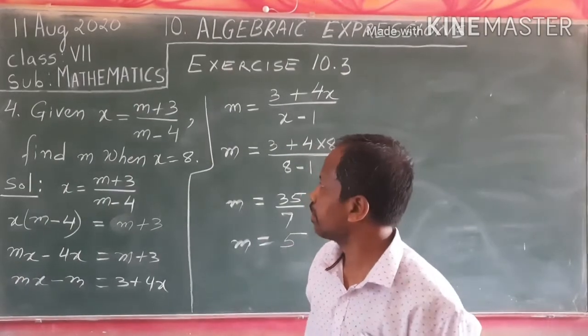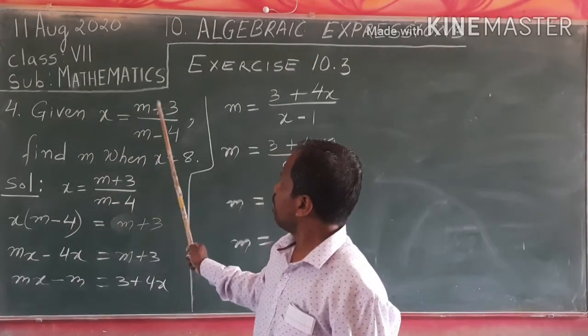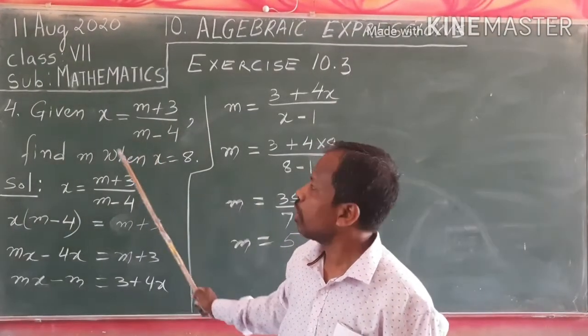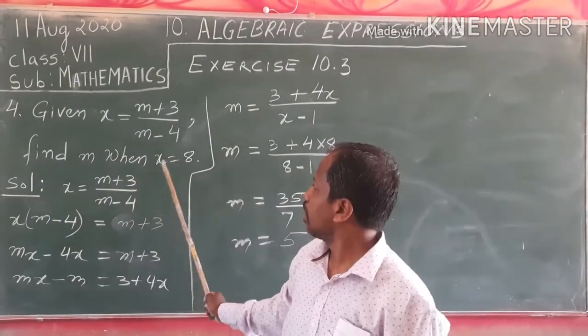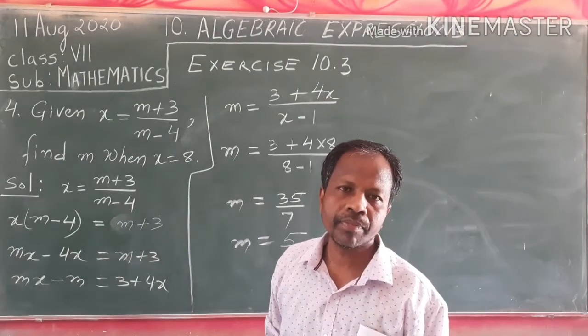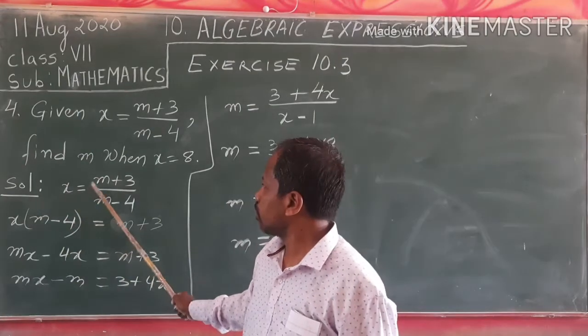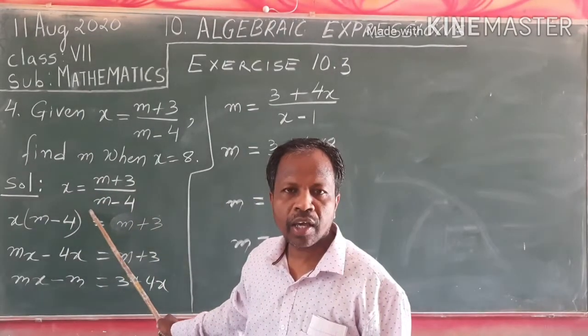Fourth question. x is equal to m plus 3 upon m minus 4. Find m when x is 8. Solution. x is equal to m plus 3 upon m minus 4.